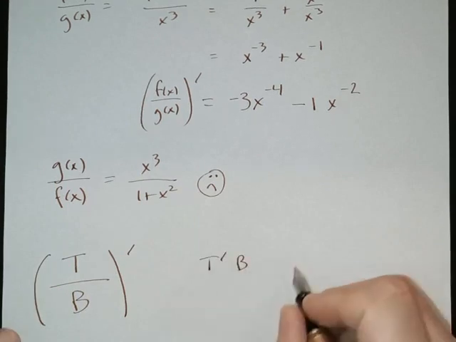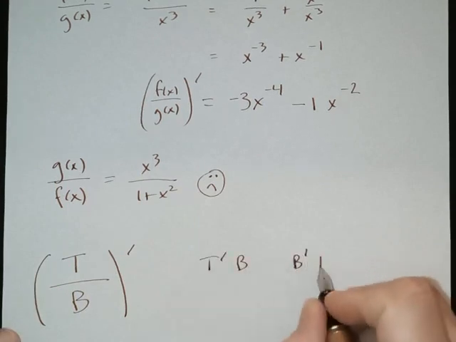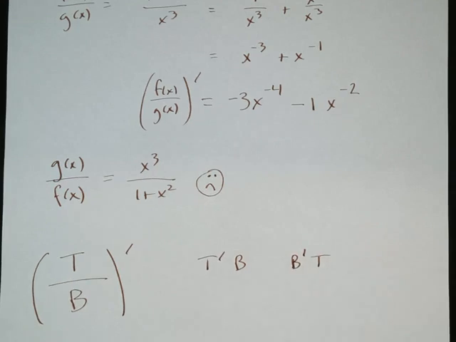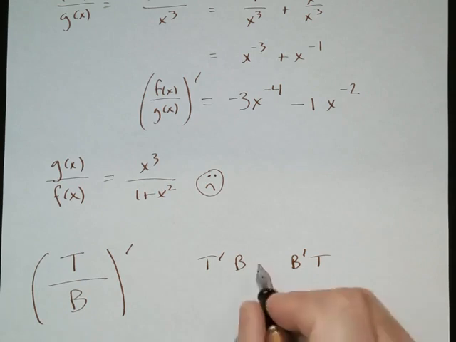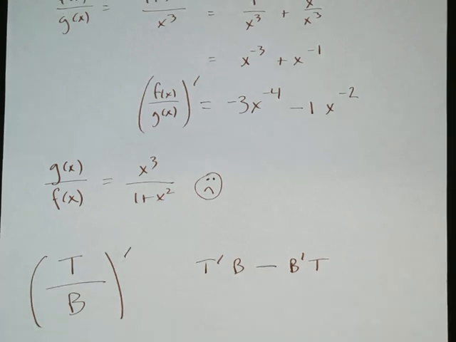Derivative of the top times the bottom, derivative of the bottom times the top. But the product rule was adding. Dividing is the opposite of multiplying, so we'll do the opposite. We'll subtract.